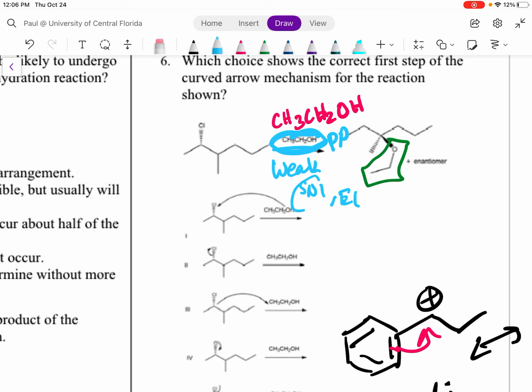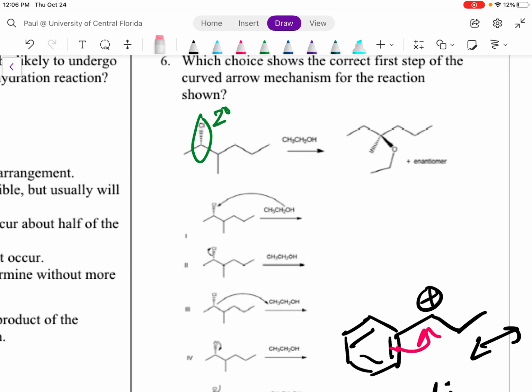So that also favors SN1 and E1. We have a secondary alkyl halide right here. That one favors all four mechanisms. But since this question is already showing us that it's a substitution, for this problem we can just ignore E1 or any elimination.